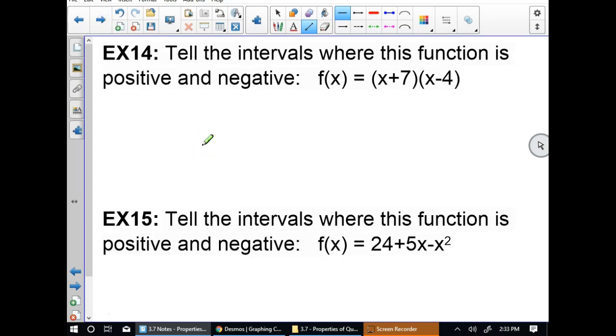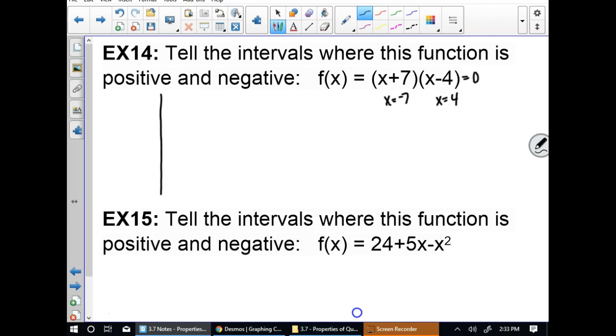Okay, so for example 14, we're supposed to tell the intervals where this function is positive and negative. I'm going to do this one where I sketch a graph on my own, because I know my x-intercepts, if I just set this equal to 0, will be at x equals negative 7 and x equals 4.